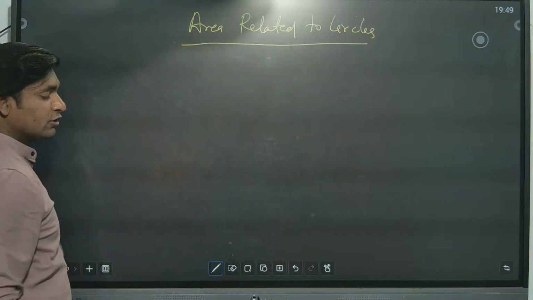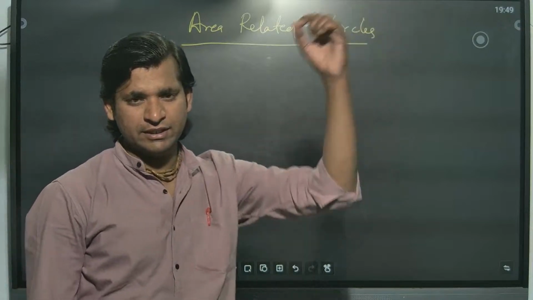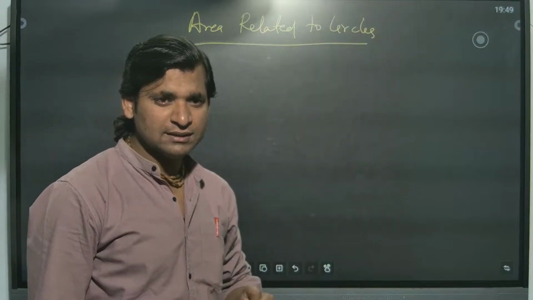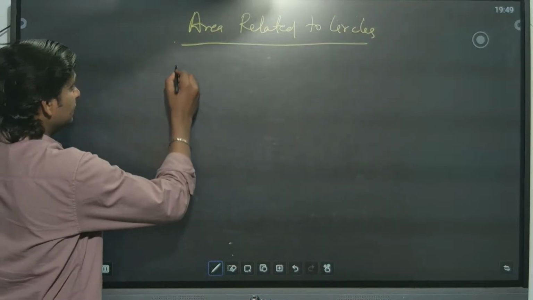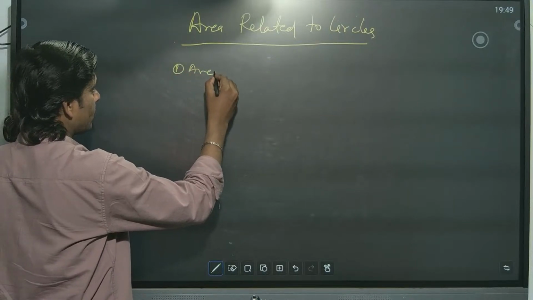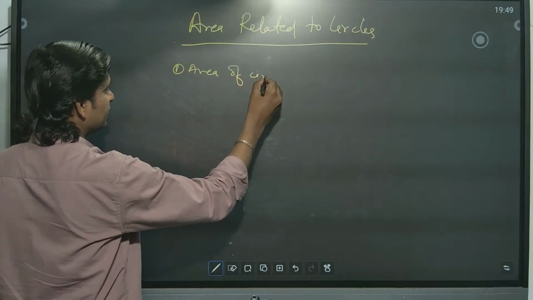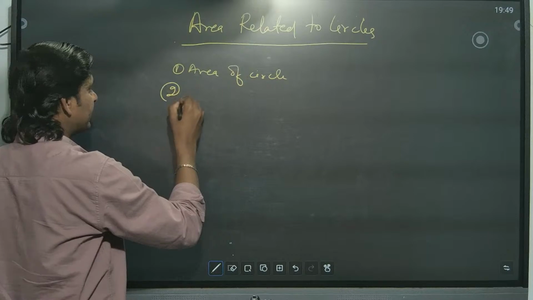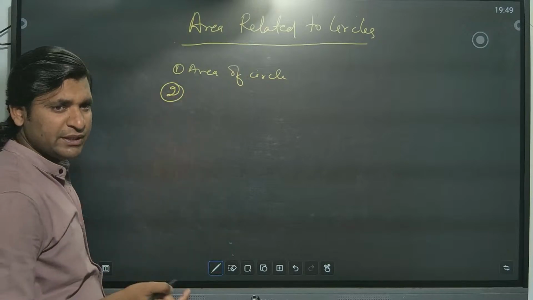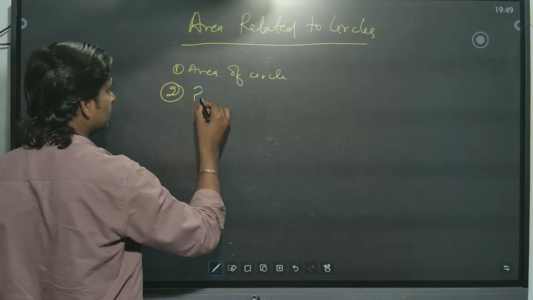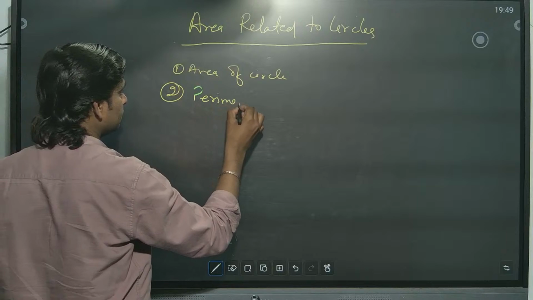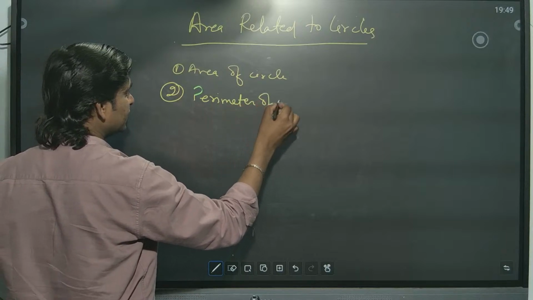In this we have number of formulas. First formula, area of circle. Second, perimeter of circle.